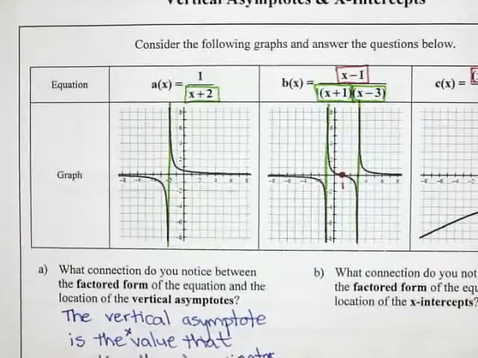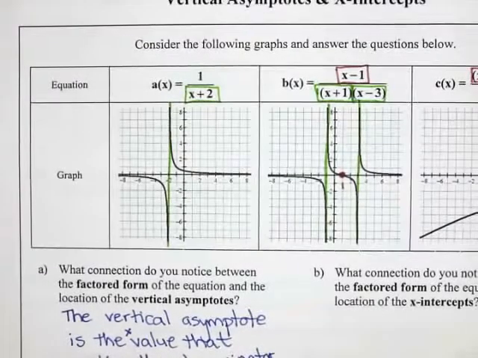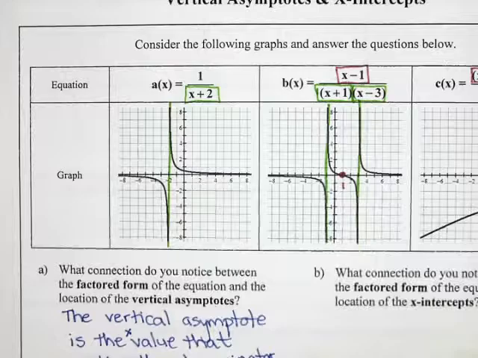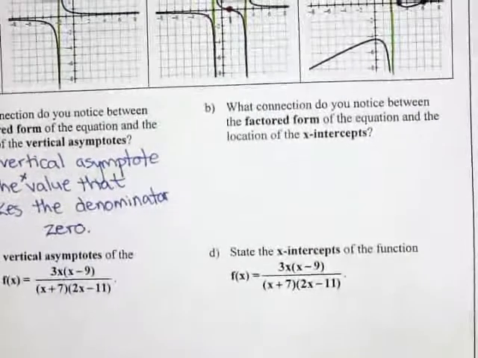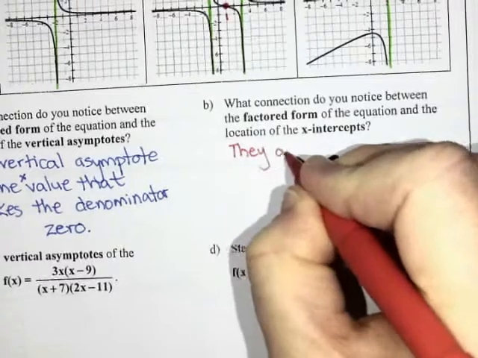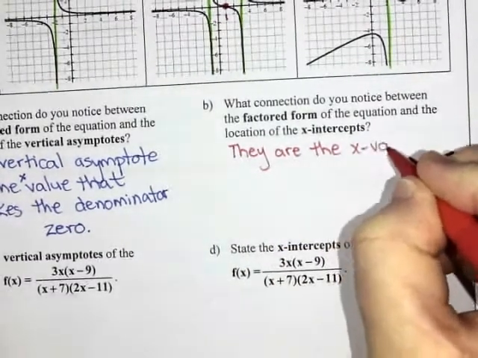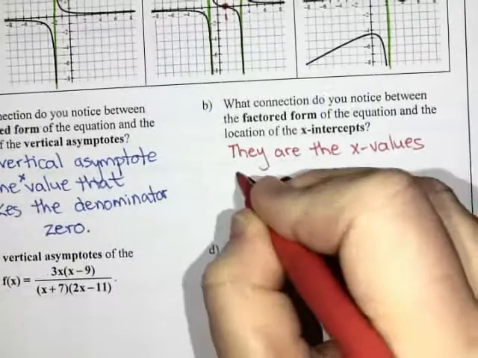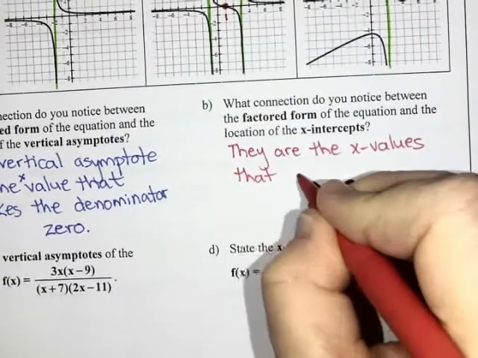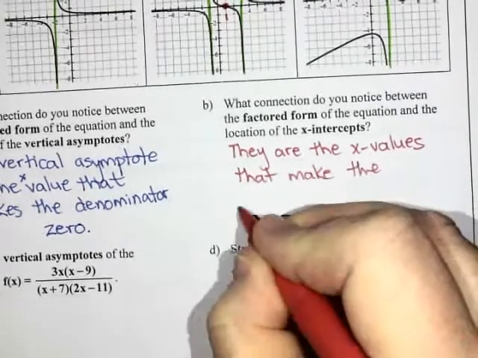So the x-intercepts come from the numerator, and what makes the numerator equal 0? So I'm going to say they are the x values that make the numerator 0.